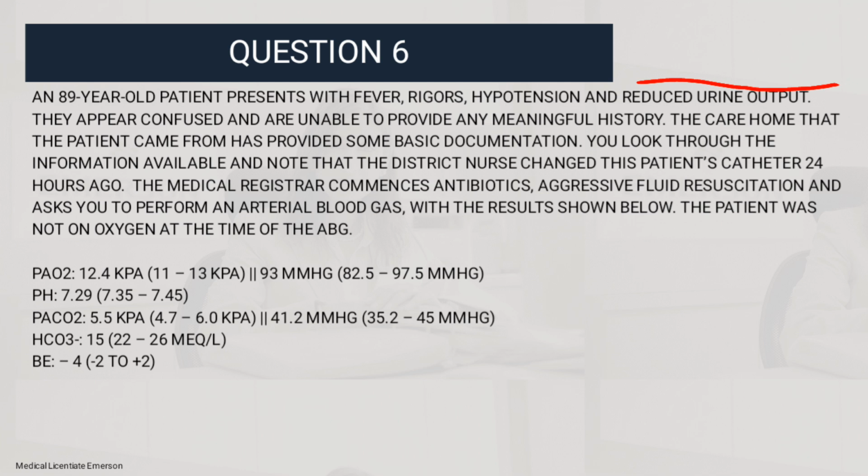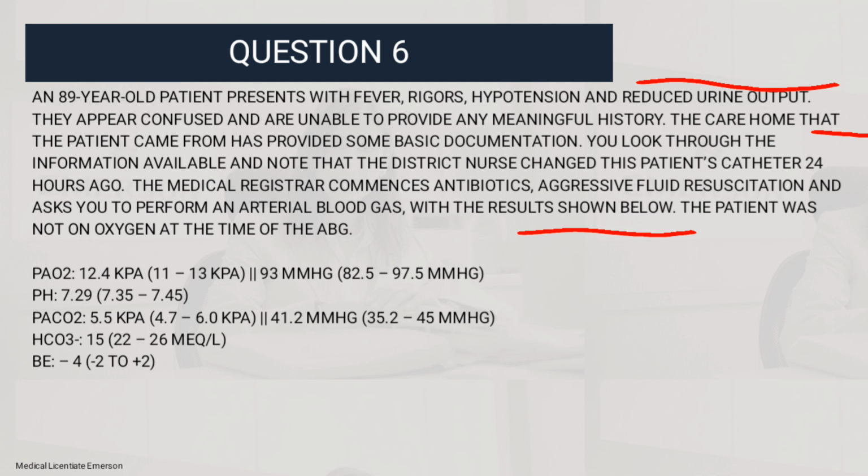The carers at the care home that the patient came from have provided some basic documentation, and you look through the information available and note that the district nurse changed this patient's catheter 24 hours ago. So the medical registrar commences antibiotics and aggressive fluid resuscitation and asks you to perform an arterial blood gas. The results are shown below; the patient was not on oxygen at the time of the ABG.